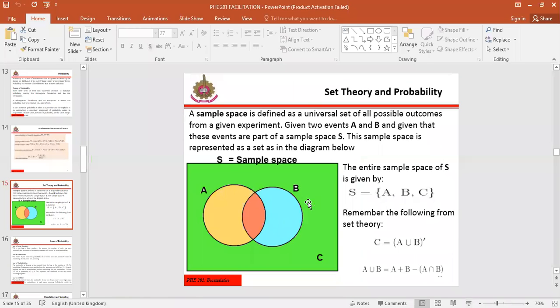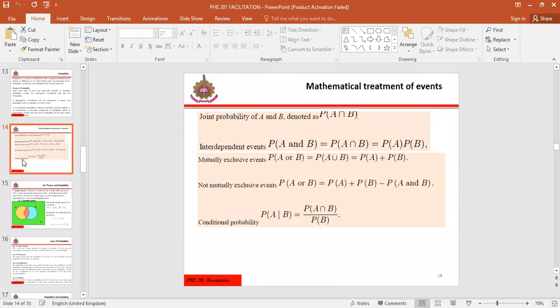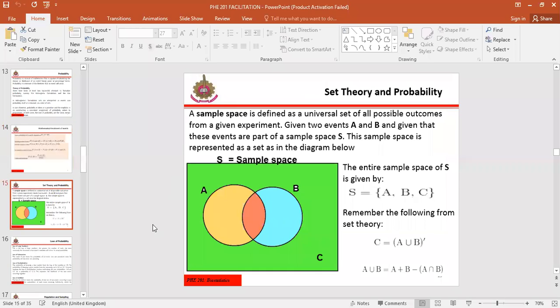Know that A plus B is the probability of A and B, and that A plus B means A union B. Do you understand? Union means you marry them together.